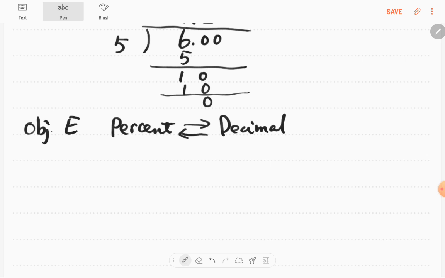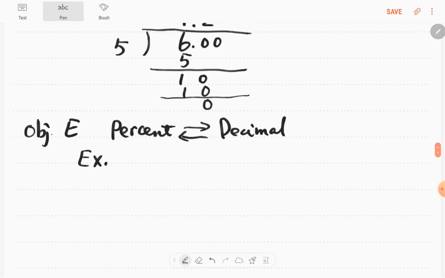Let's first check the percent to decimal. Here we have 25%, and we want to change it to a decimal.